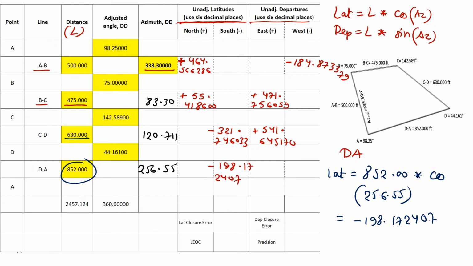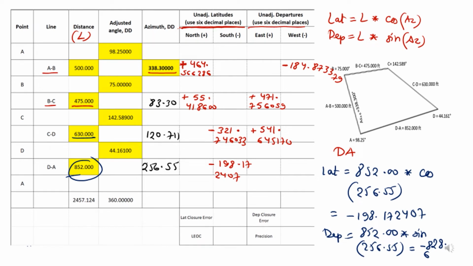My departure is again length times the sine of 256.55, and that gives me negative 828.632426.